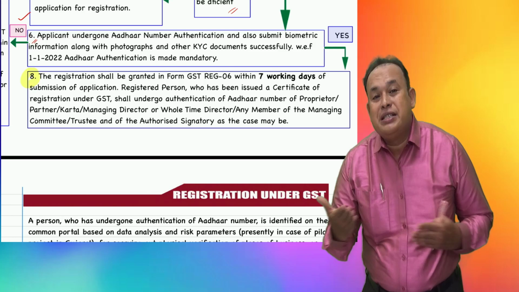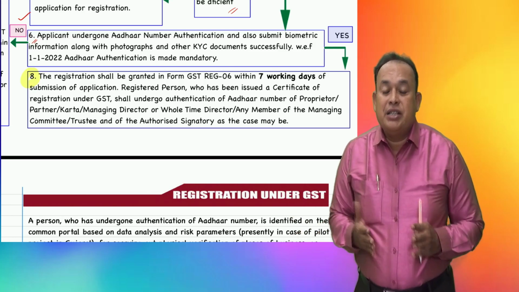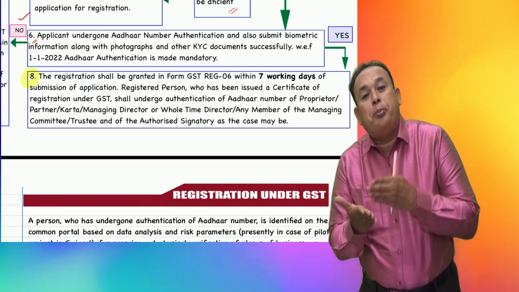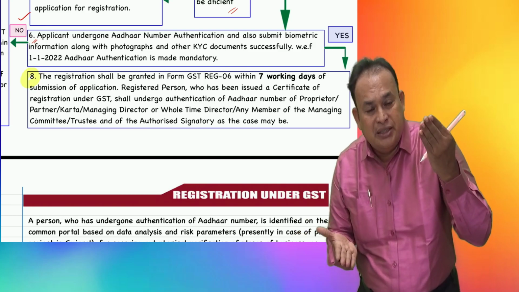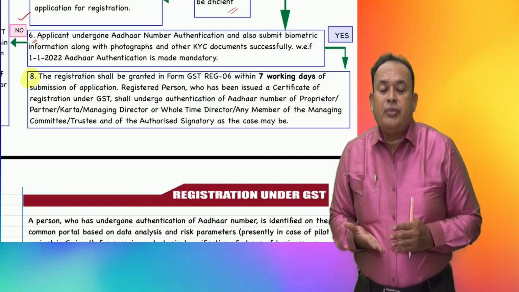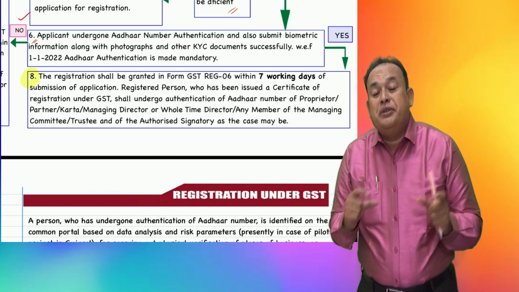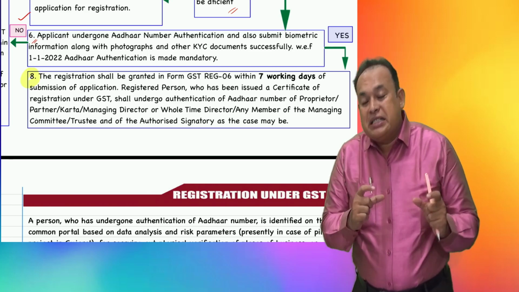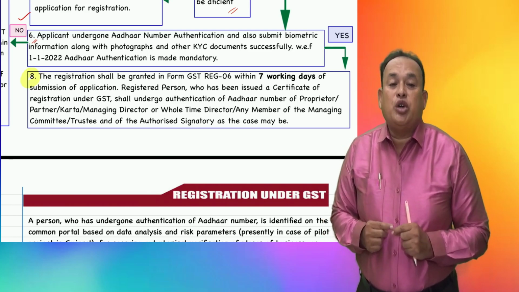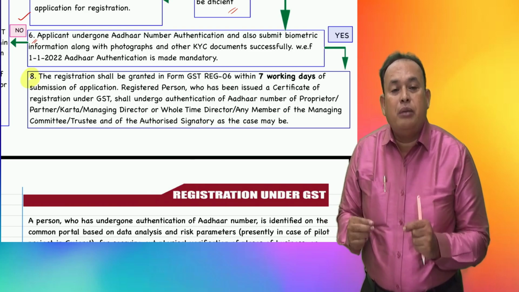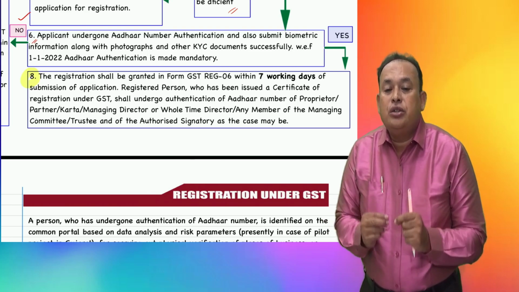The department found no discrepancies. In that case, from the date of making the application for registration, the department will grant within 7 working days the certificate of registration, namely form GST REG06.